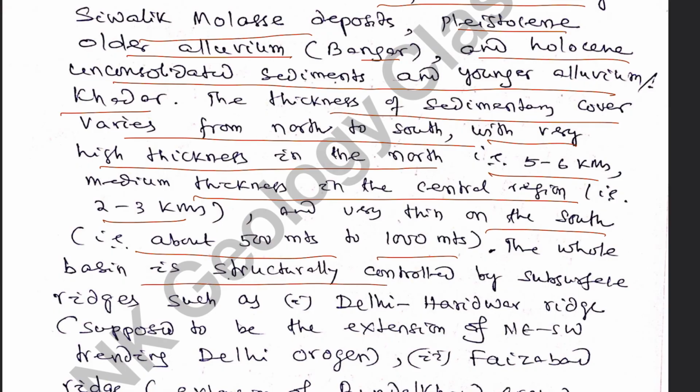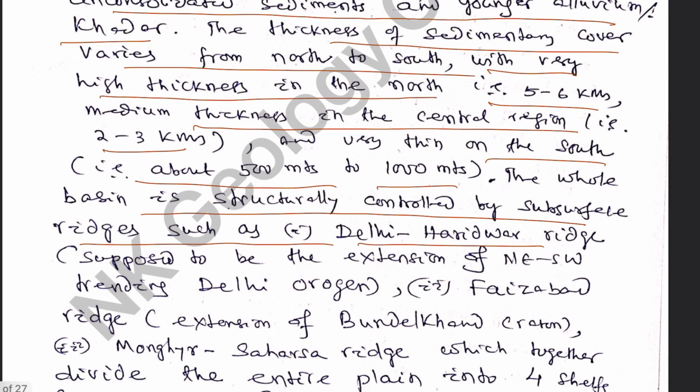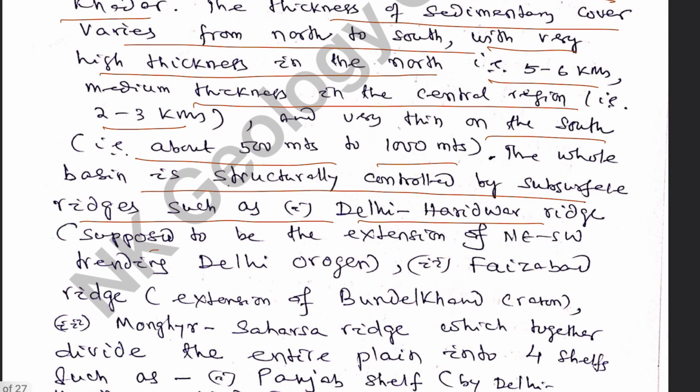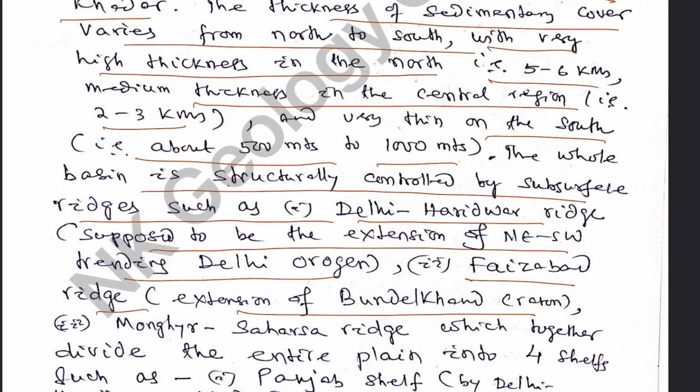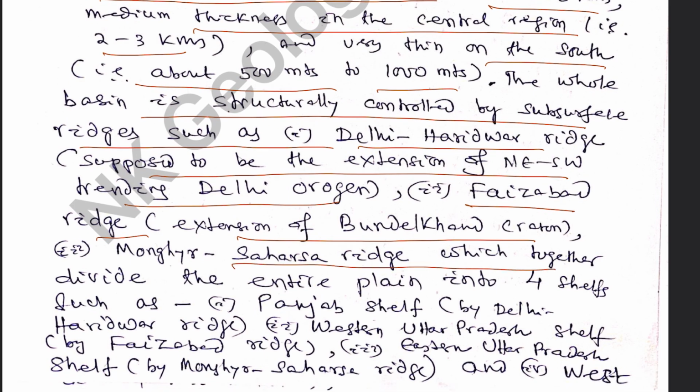The whole basin is structurally controlled by subsurface ridges such as the Delhi Haridwar Ridge, supposed to be the extension of the northeast-southwest trending Delhi orogen, the Faizabad Ridge, which is the extension of the Bundelkhand Craton, and the Munger Saharsa Ridge.